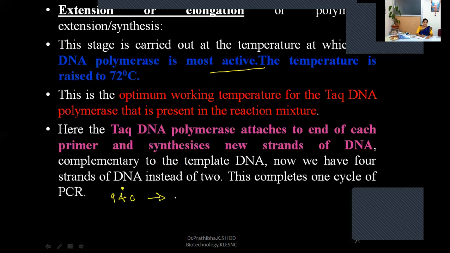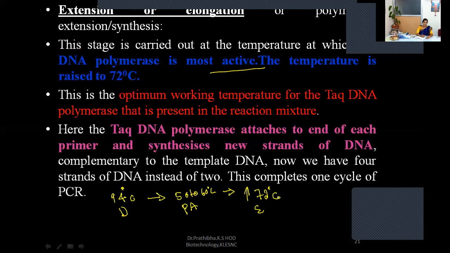And then primer annealing was at 50 to 60 degrees Celsius. We reduced it, and now the temperature will be increased again to 72 degrees Celsius. See, we are going through a series of temperature incubations. So this is denaturation, this is primer annealing, and this is extension, right?